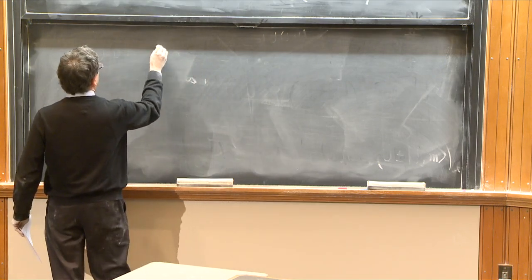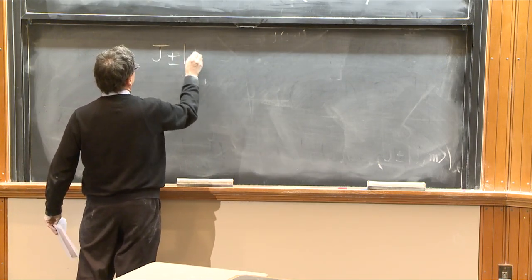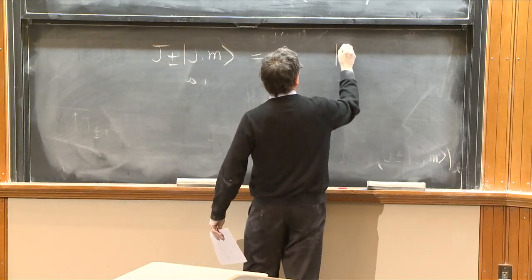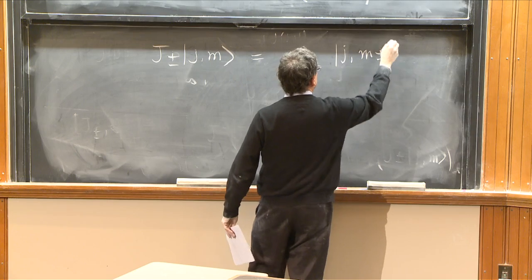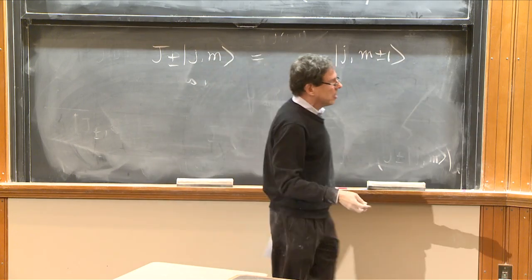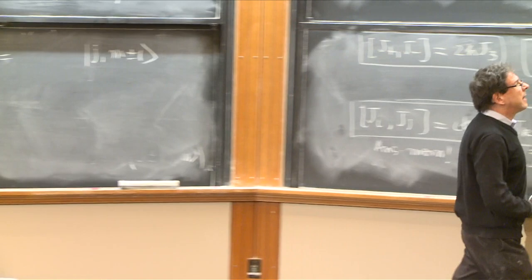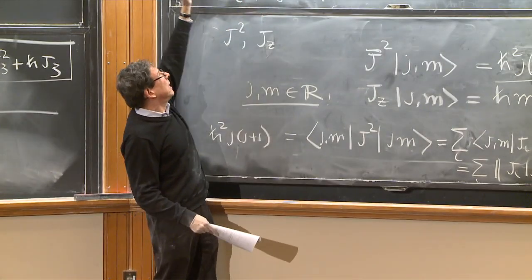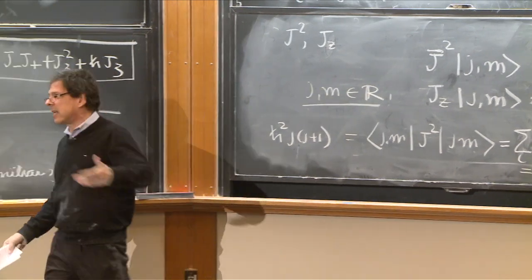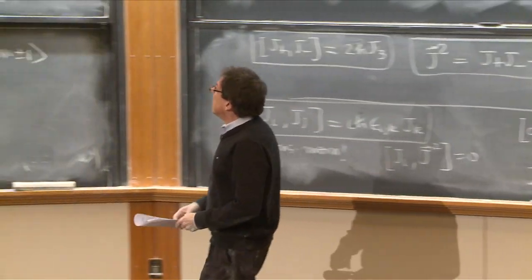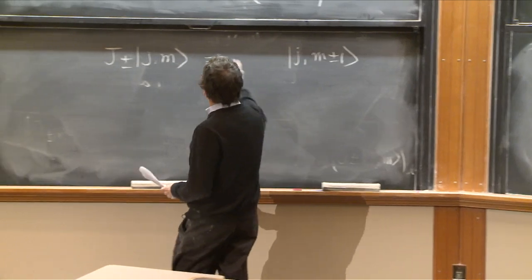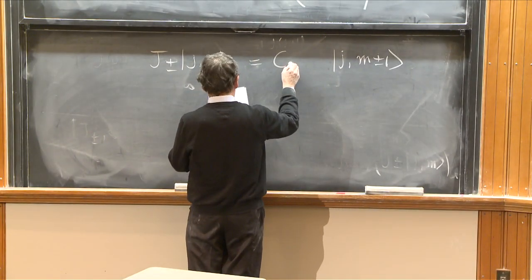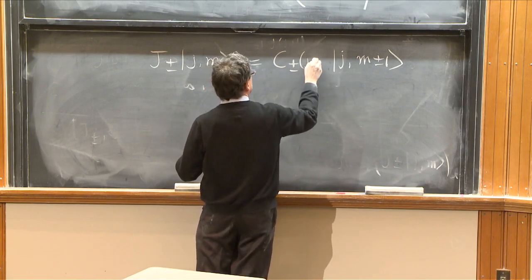We'll say that j plus minus jm, we know already it's a state with j and m plus minus 1, so it raises m, just like what we said, that the a's and a daggers raise or lower the number, j plus and j minus raise and lower jz. And therefore, it's proportional to this state, but there's a constant of proportionality that we have to figure out.